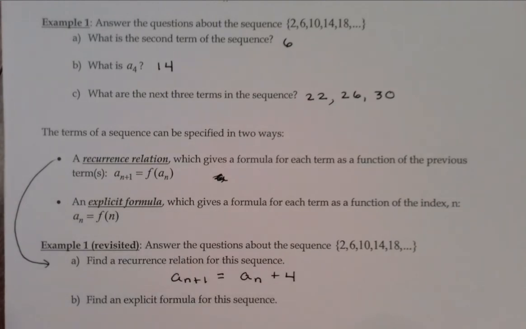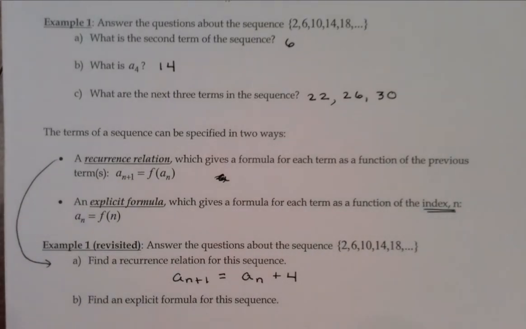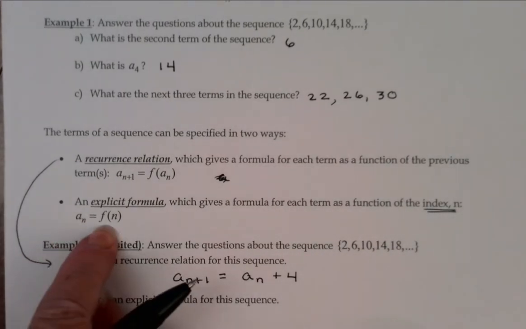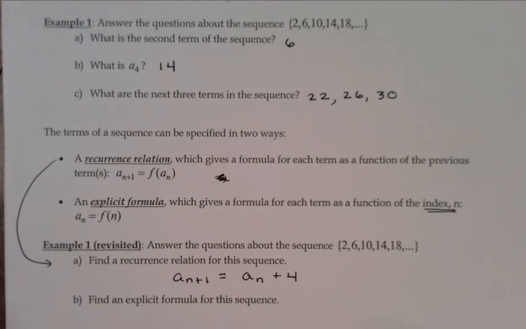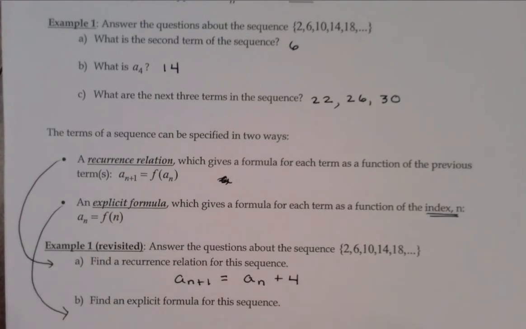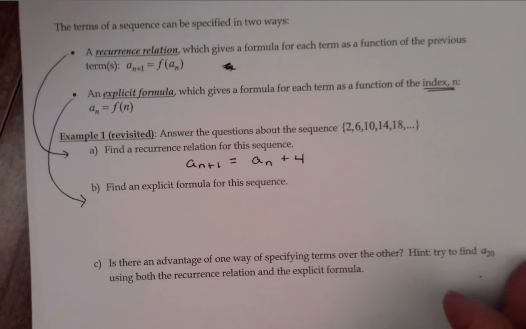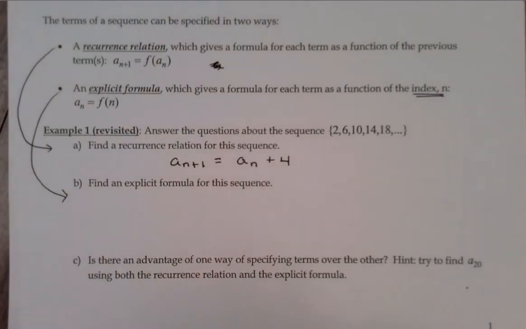An explicit formula gives an actual formula for each term as a function of the index n. So a sub n is f of n. Let's see if we can find an explicit formula for this sequence. My advice here is it sometimes really helps to make yourself a little table of values.